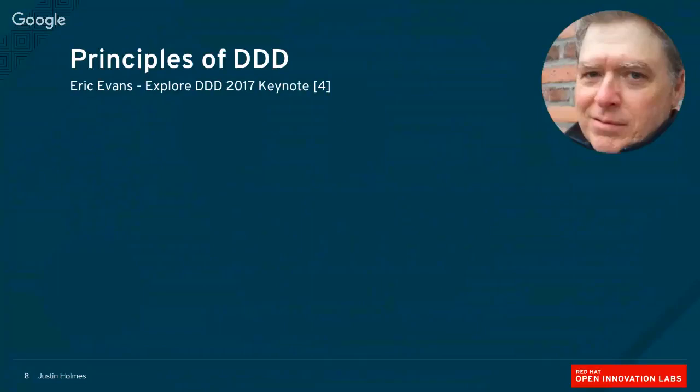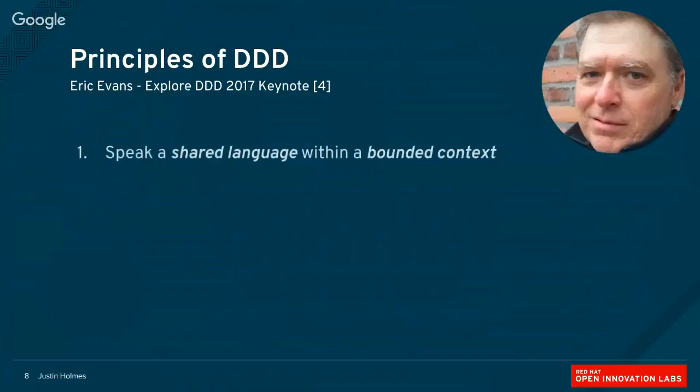So to that end, let's get into the keynote and some of these key principles that Eric outlined. This was the 4th principle that he got to, but I think he highlighted this, and others in the community highlight this as well, that what sets domain-driven design as a community apart from other communities is a focus on a shared language within a bounded context.